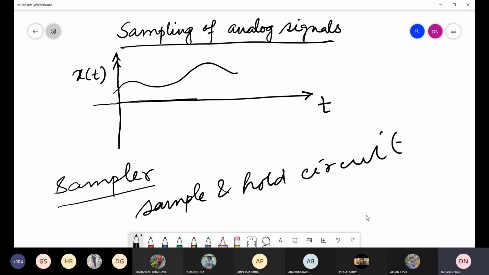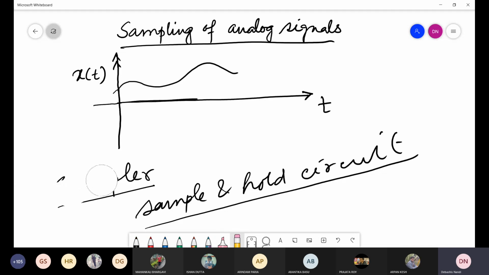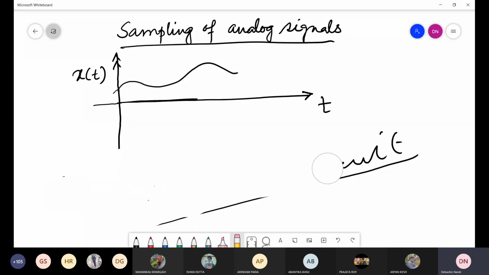Using this circuit, I can sample an analog, continuous time signal. I will not draw the internal diagram of the circuit. I will just show the block diagram, because I want to show the mathematical details of the signals.